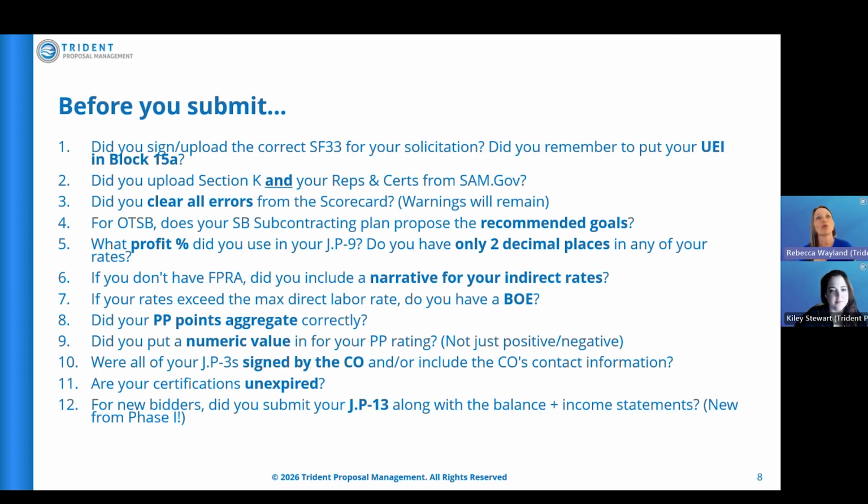Okay. For the reps and certs, they're asking for two things here. They're asking you to actually complete the Section K reps and certs from the solicitation. So you can extract those pages, and you don't have to make it beautiful and do a copy paste. You can just extract the pages from the PDF, but there's a place for you to put your offer name. And then there's at least two sections that you need to respond to.